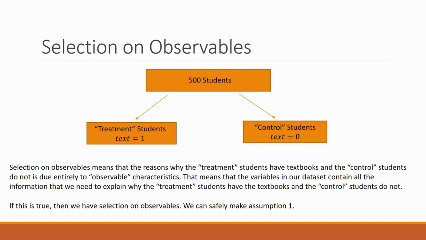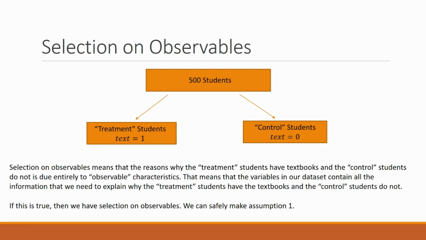However, now let me give an example of when selection on observables would be violated. Let's say that whether or not a student has the textbook is also influenced by how committed that student is to their education.